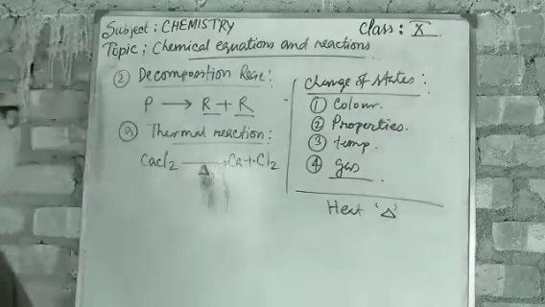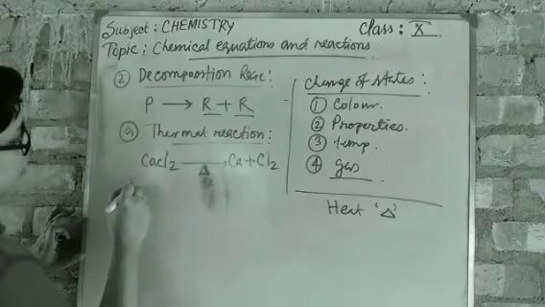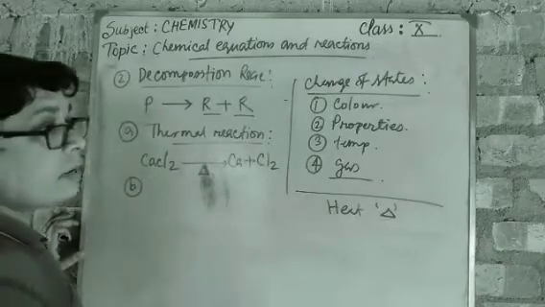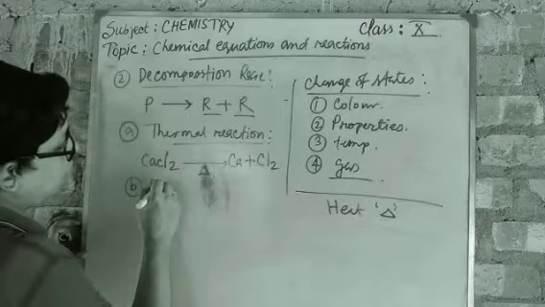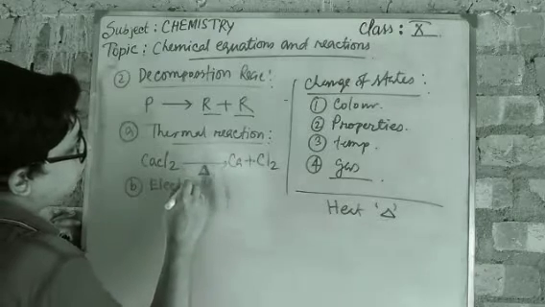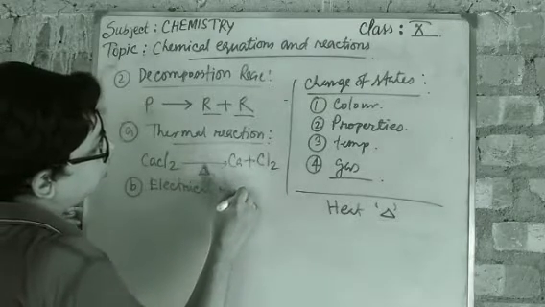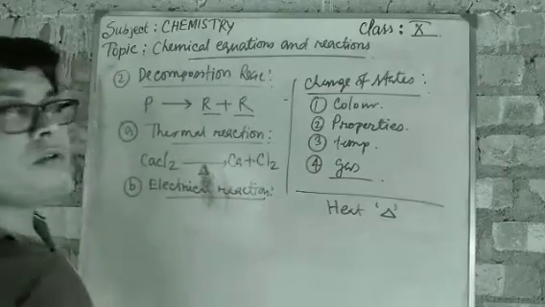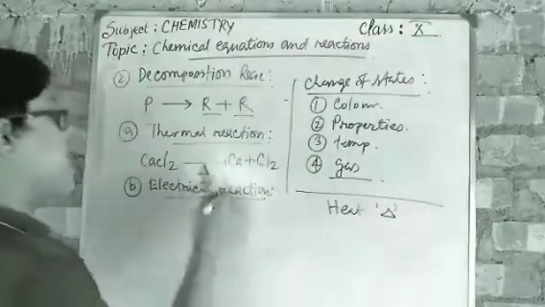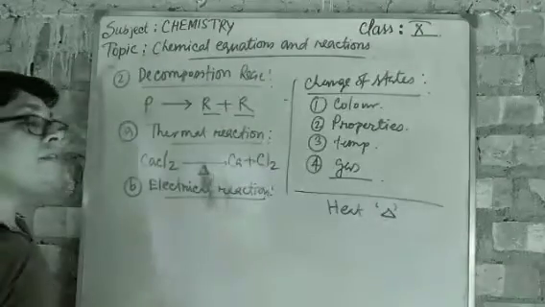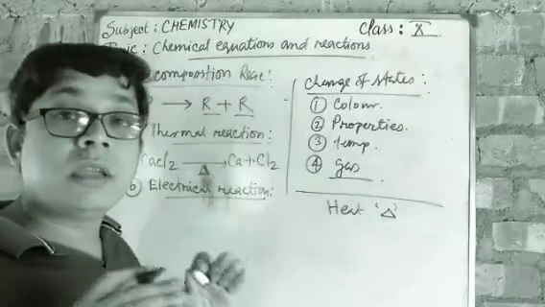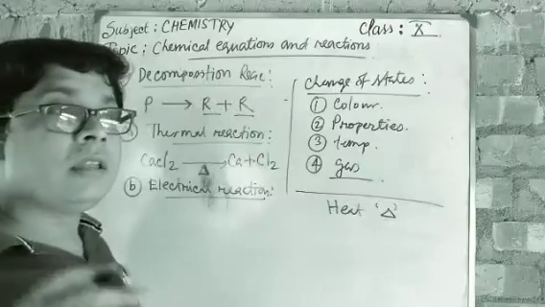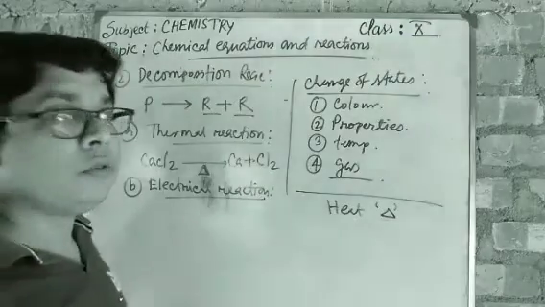Got it? Number 2 is electrical reaction of decomposition. Electrical reaction decomposition means, through this name we can understand that electricity has to be given, or electricity has to be provided through the reaction.